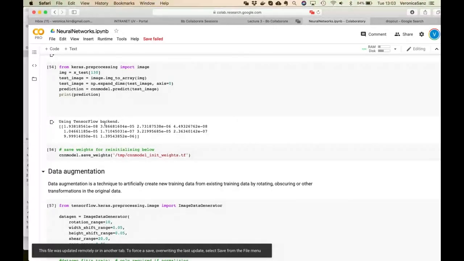Can you see my pointer, by the way? Yes. Perfect. That of being a 1, 2, 3, 4, 5, 6, 7, 8, and 9. So obviously this one happens to be an 8. It has 0.9999 probability of being an 8. Okay? Okay, I got it.